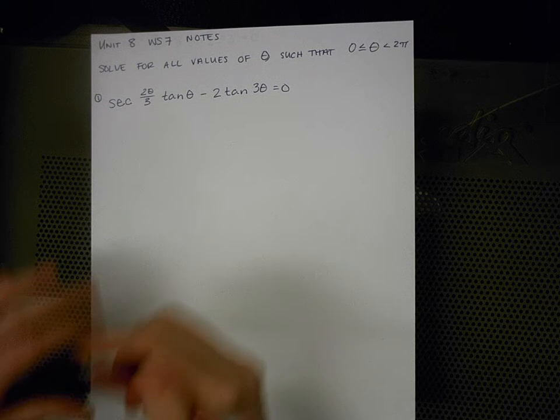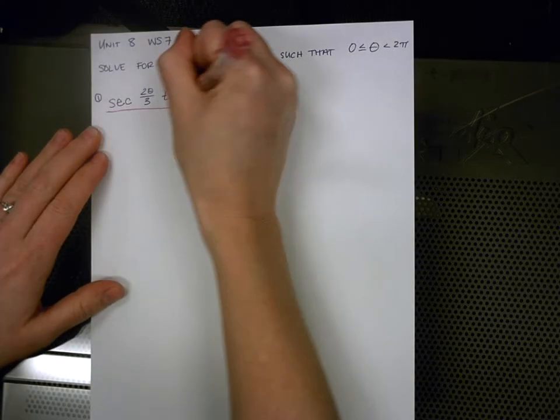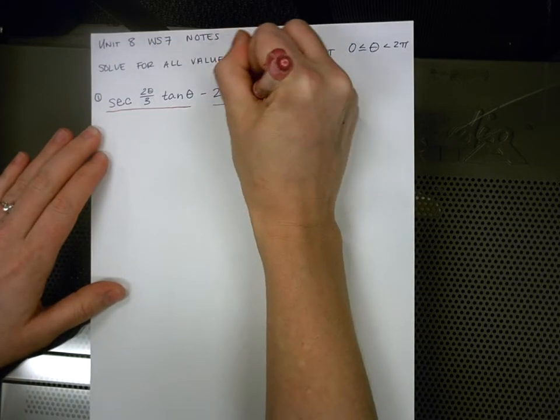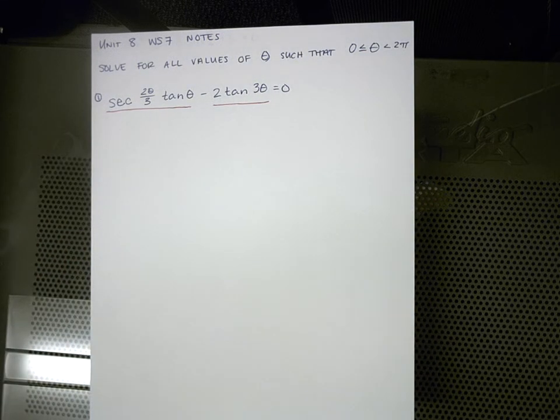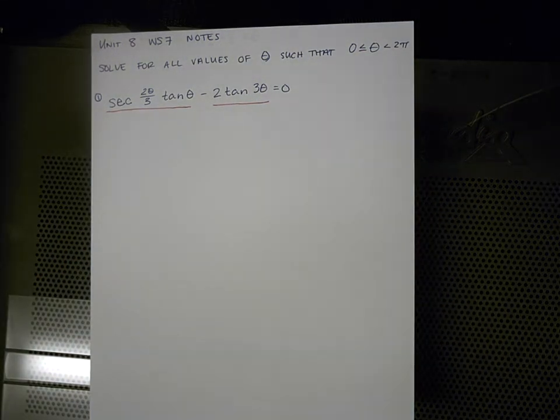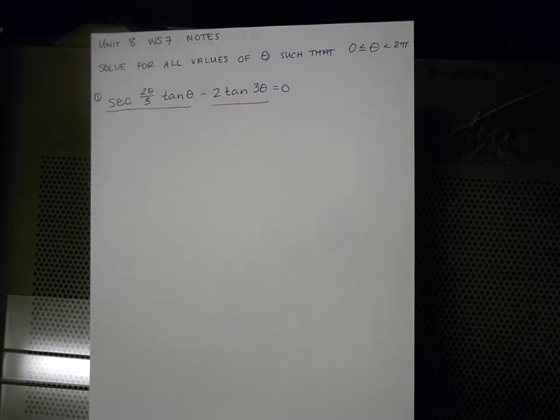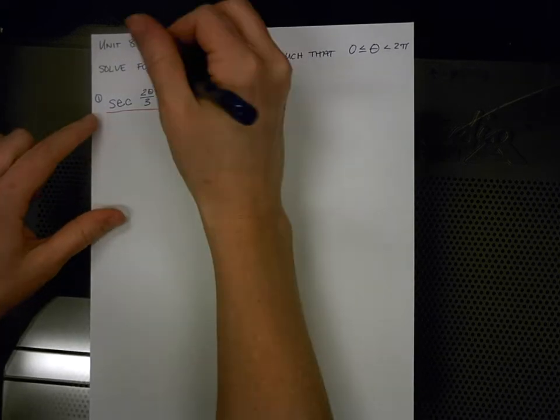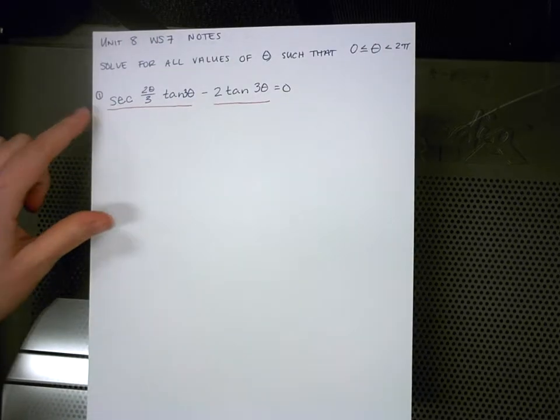So on this one, I can see that I have 2 terms separated by subtraction. And my 2 separate terms have a factor in common of tangent of 3 theta.